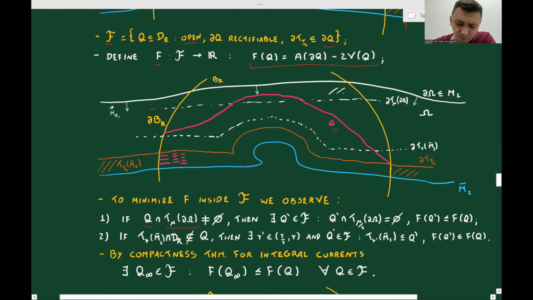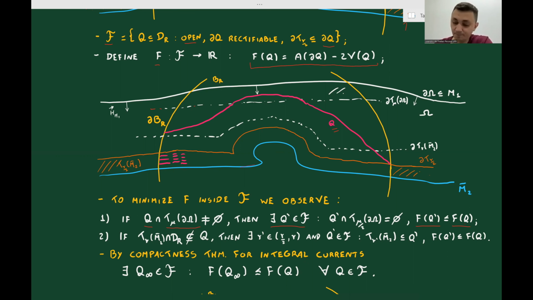And if you assume that Q intersects this tubular neighborhood, we can find another element of the family F which does not intersect this tubular neighborhood, some a bit small neighborhood, and the functional applied on this Q prime is less than the functional applied on the previous subset Q. So you can modify our subset.